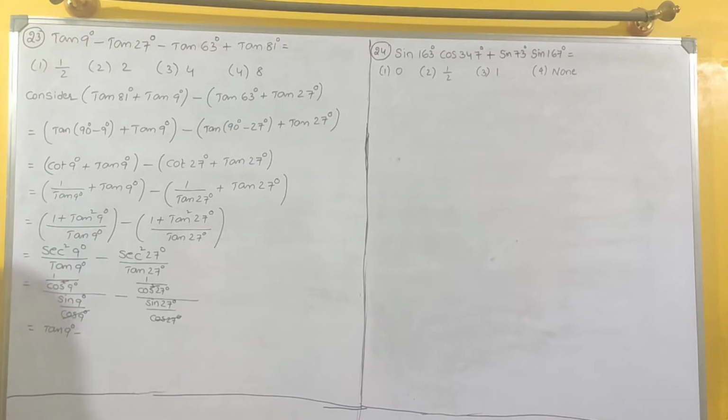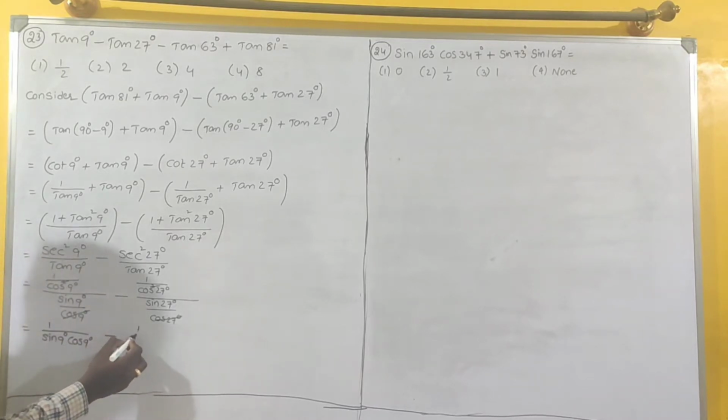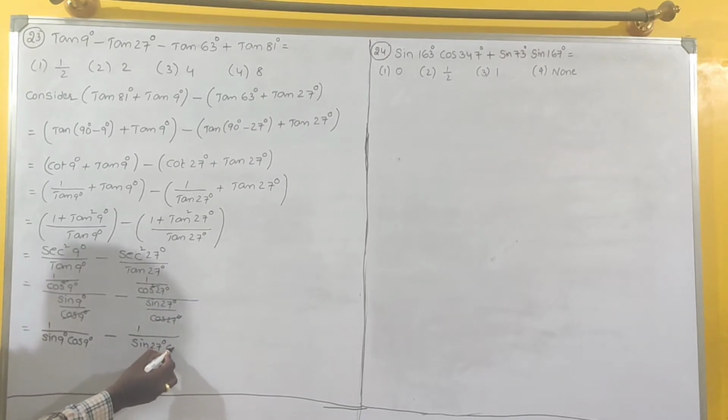So we get 1 by sin 9 into cos 9 minus 1 by sin 27 into cos 27.